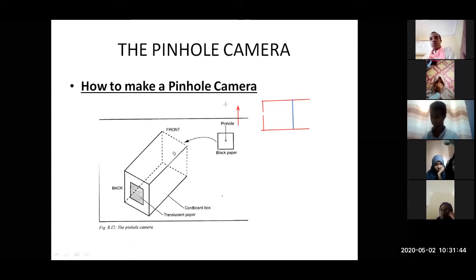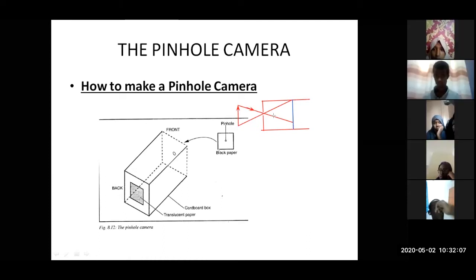And now a ray comes from the top through the pinhole, it goes there. Then another ray comes from here to the pinhole, it goes to that end. Then I can put an arrow to show that this ray was coming, then it went straight.